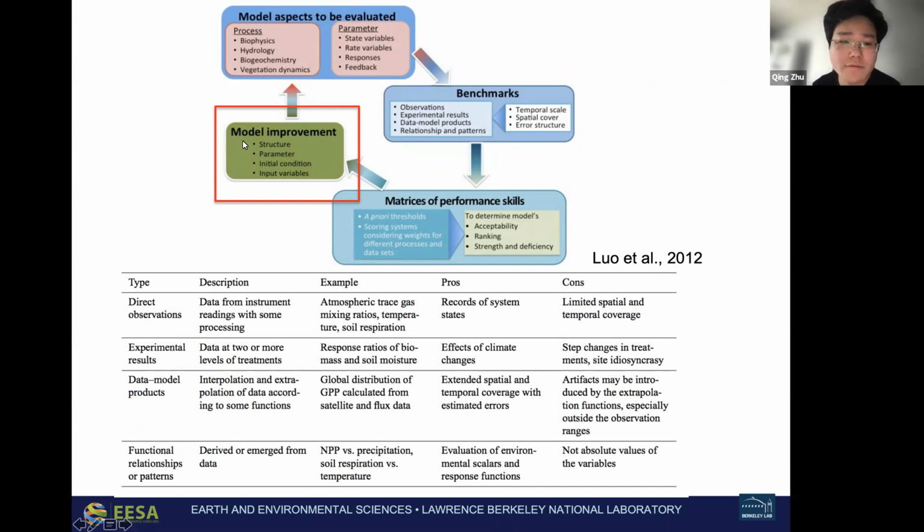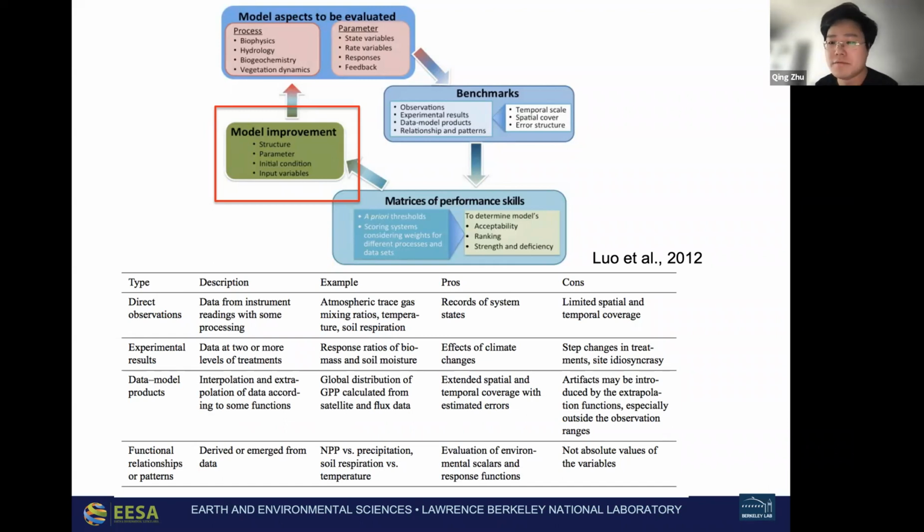But there are relatively fewer efforts on the model improvement part, which I think is an important component of this conceptual framework, to be able to continuously improve the process-based model. We want this whole cycle to really work together. So after the metrics or performance scores that we evaluate, we also want to look into the model improvement part, in terms of improving the structure, or at least telling how much uncertainty is coming from the model structure, and seeing if it's possible to do some parameterization to improve the model.